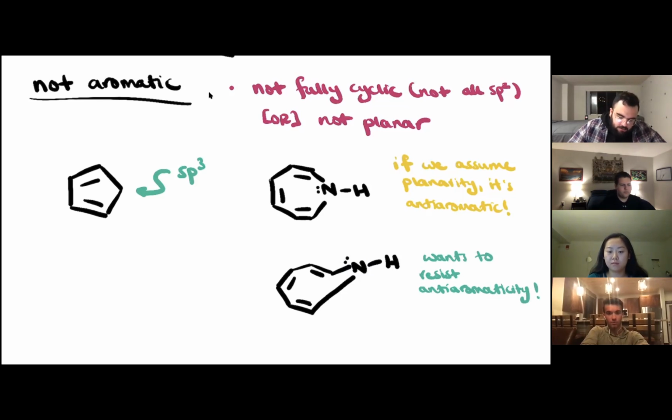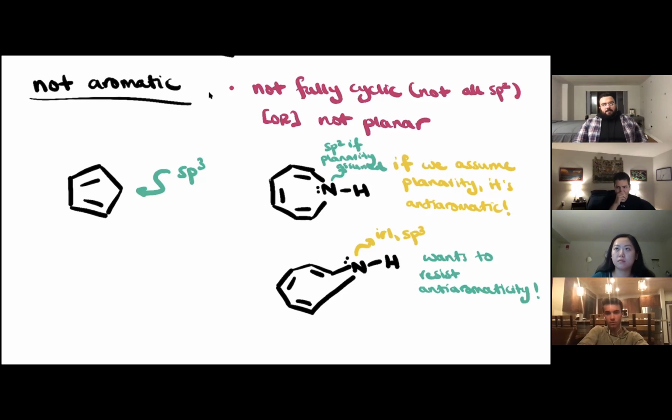Okay, just for reference, in real life, this is sp3. But if we assume planarity, this is sp2. Okay, so those are just two big cases of things that are not aromatic.